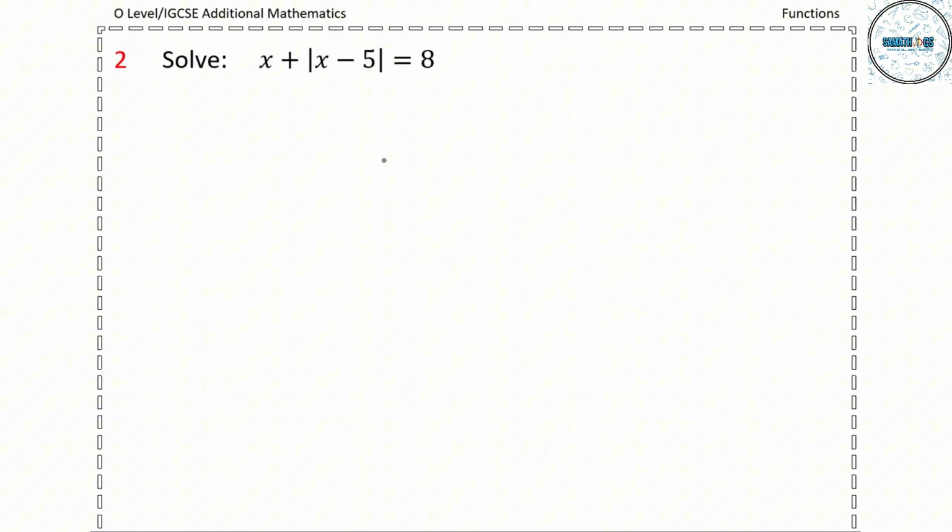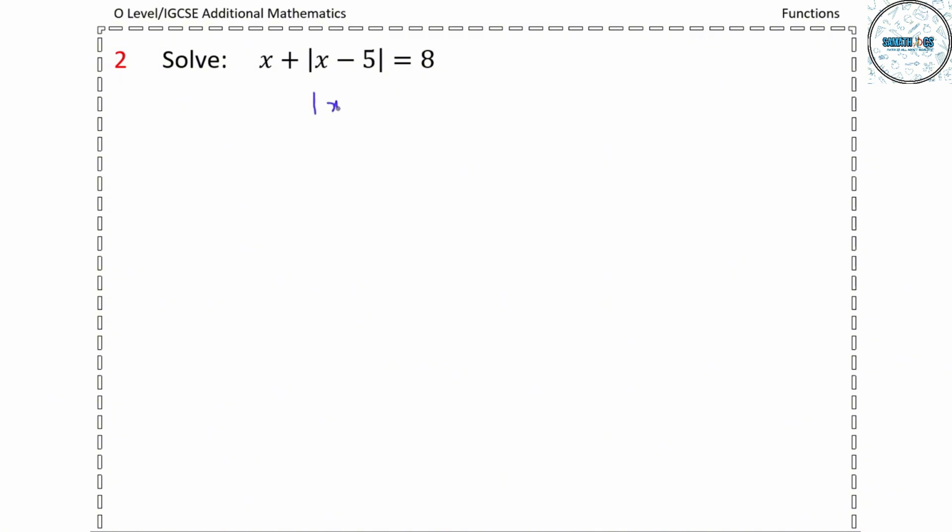Another question in which we have to solve x plus the absolute value of x minus 5 is equal to 8. Make sure on one side of the equation there is the absolute value function and on the other side there are numbers without the absolute sign. So first of all, we will take x to that side.